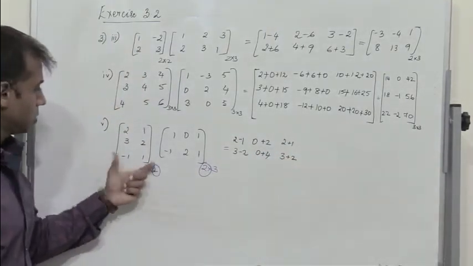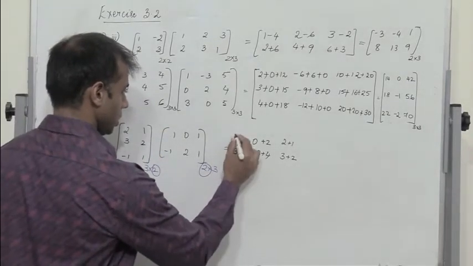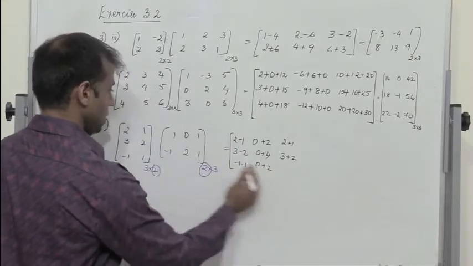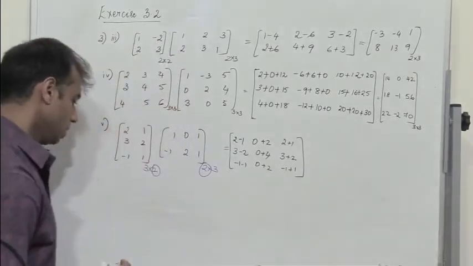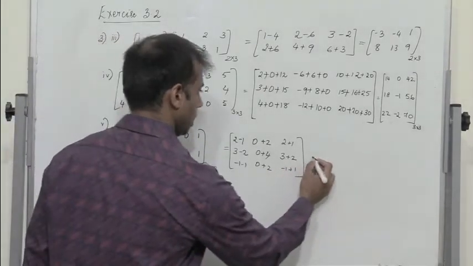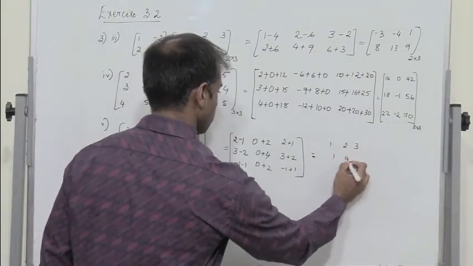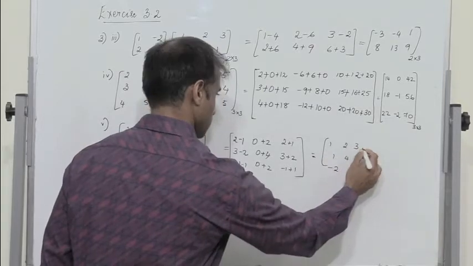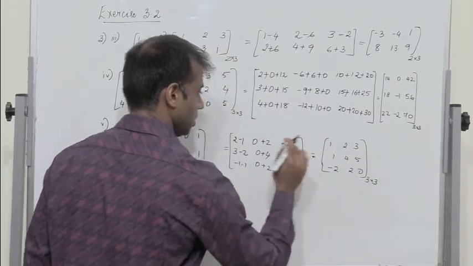Right? The third row into first column: minus 1 into 1 is minus 1, minus 1. Next, 0 plus 2. Next, minus 1 plus 1. Okay? So we get 1, 2, 3, 1, 4, 5, minus 2, 2, 0. So this is a matrix of order 3 cross 3.